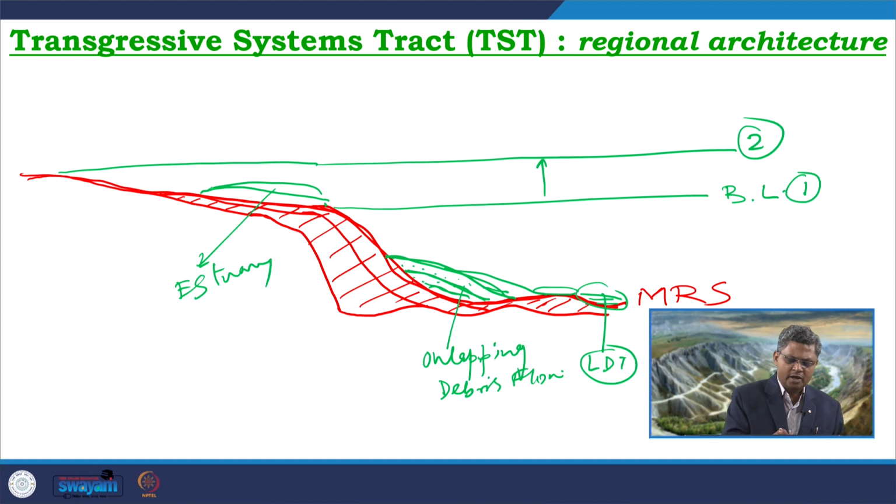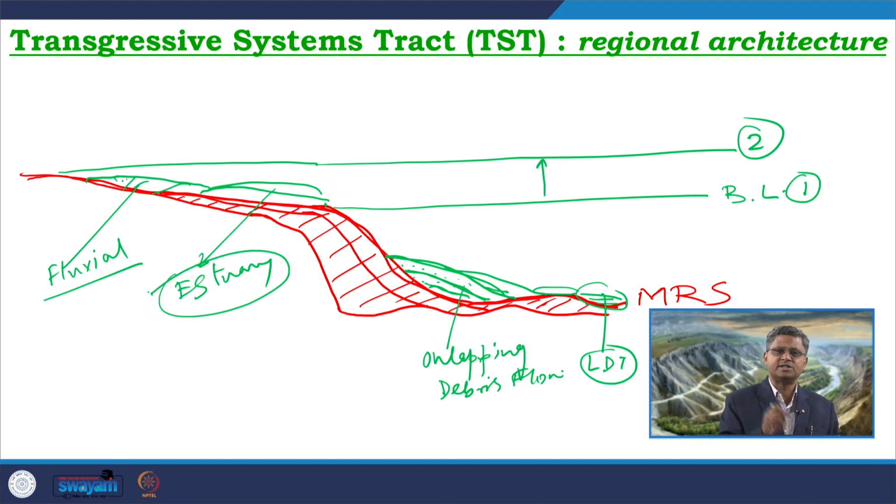That estuary will be followed by the onlapping fluvial system. So, this is the fluvial part. We get these onlapping fluvial deposits and the estuary deposits forming on the earlier delta system, particularly on the delta plain system. As this transgression continues, the base level will continue to rise.